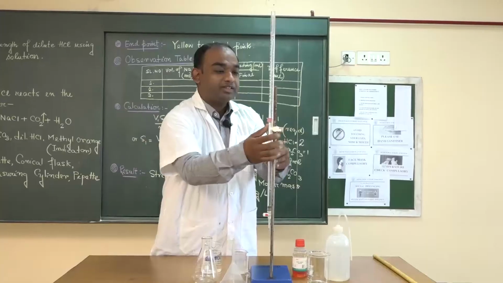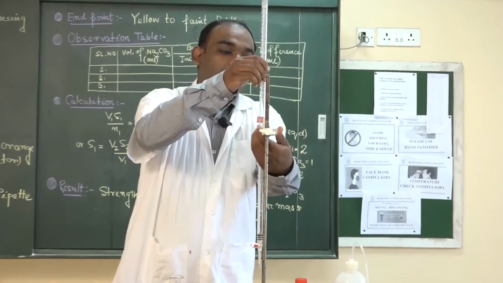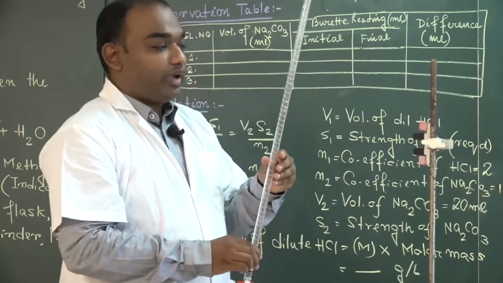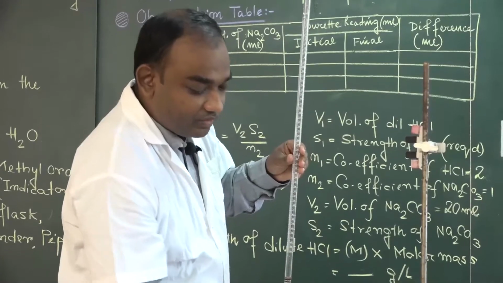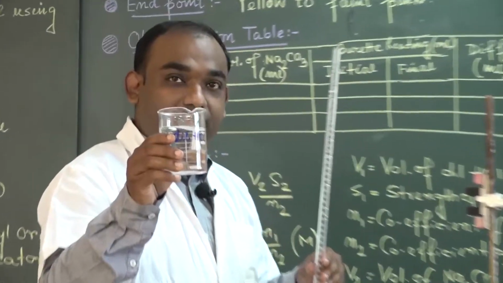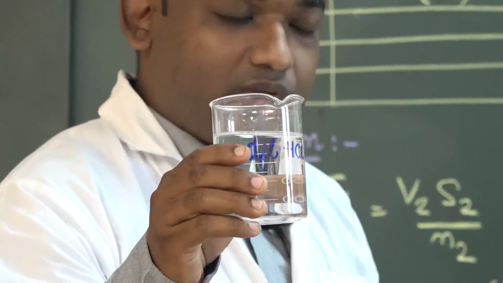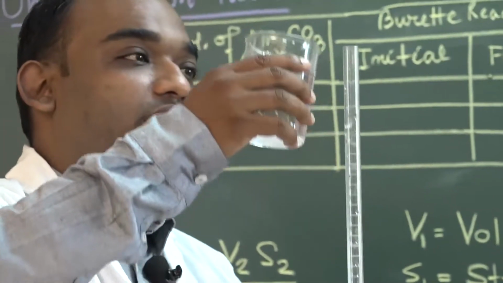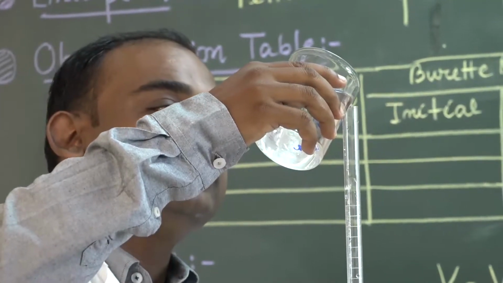First step will be rinsing the burette with our dilute hydrochloric acid. So this is our dilute hydrochloric acid. We will put a little amount of dilute hydrochloric acid in the burette.